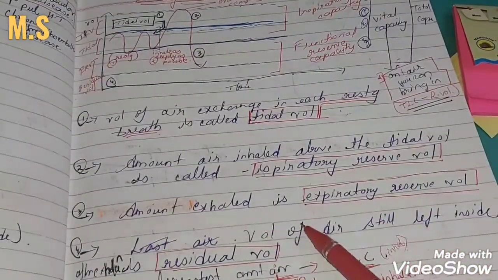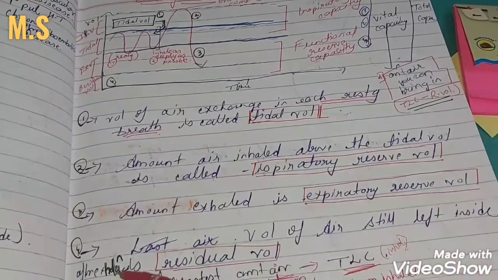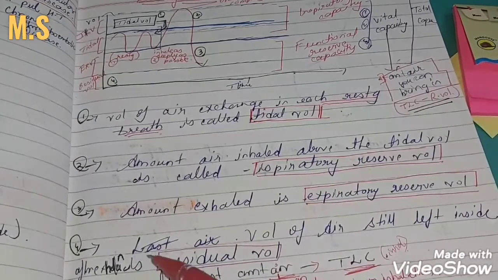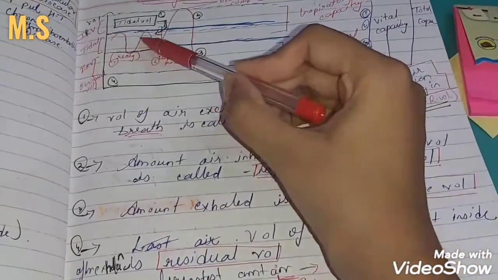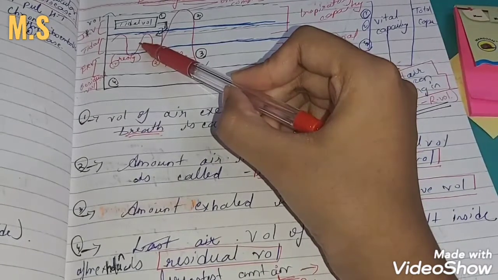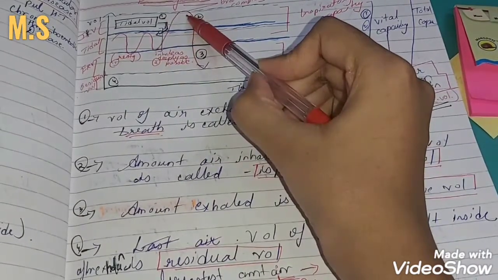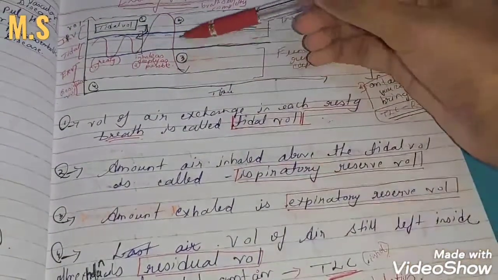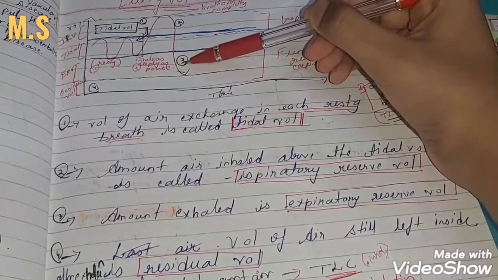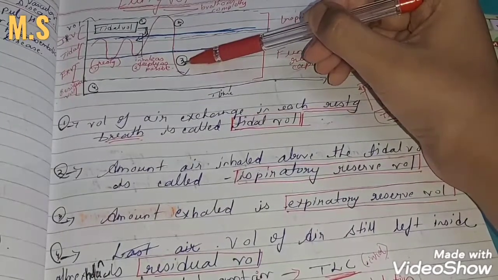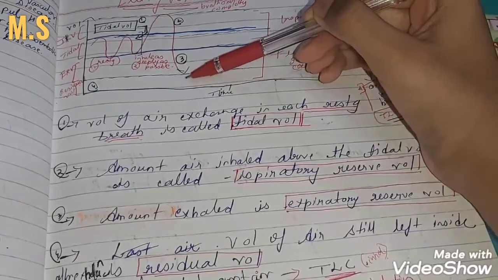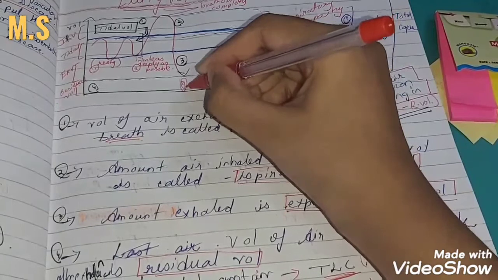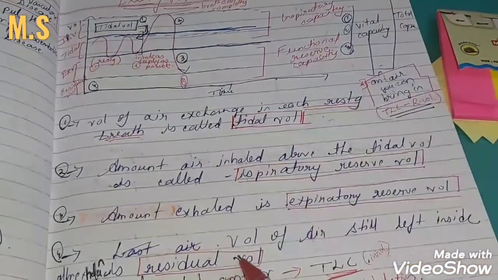Now the fourth one is the volume of air still left inside after maximum exhalation. So this is our tidal volume, which is normal inspiration and expiration, this is inspiratory reserve volume, this is expiratory reserve volume. Now once we have exhaled air out, there is still a little amount of air present in our lungs. That volume is known as residual volume.